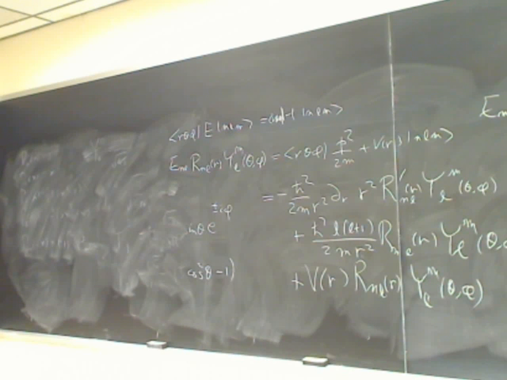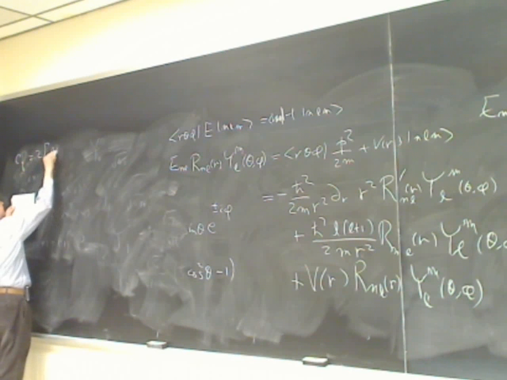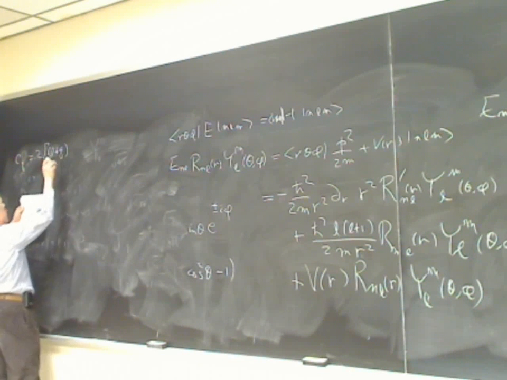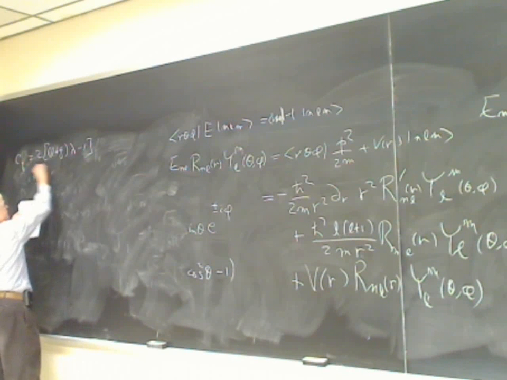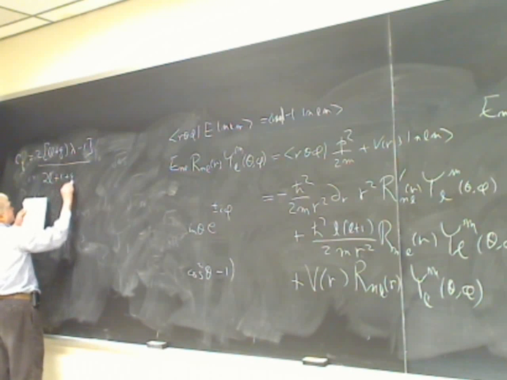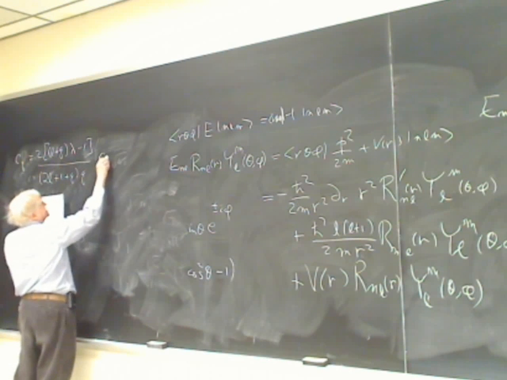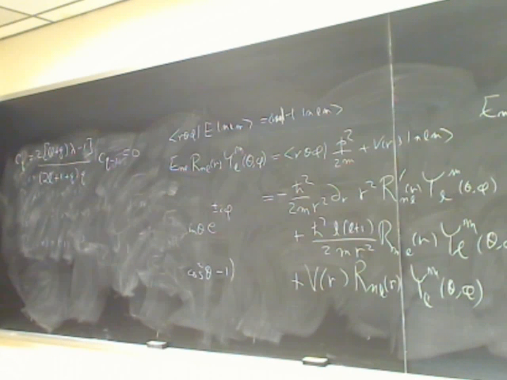Very disturbing. Anyway, so what we want, you see, is c_q, which is 2 times (lambda plus q)(l plus q) lambda minus 1 over (2l plus 1 plus q) times q, to make c_{q-1} zero. Well, it's pretty clear how to do that.